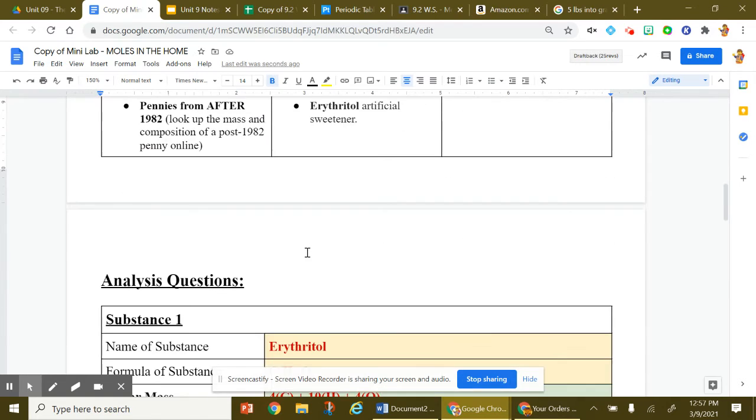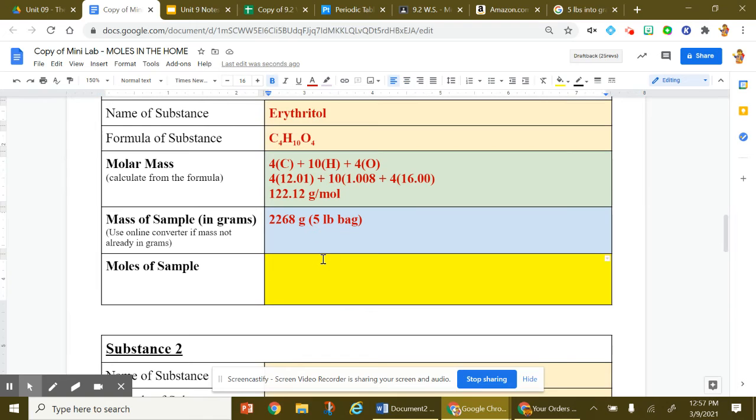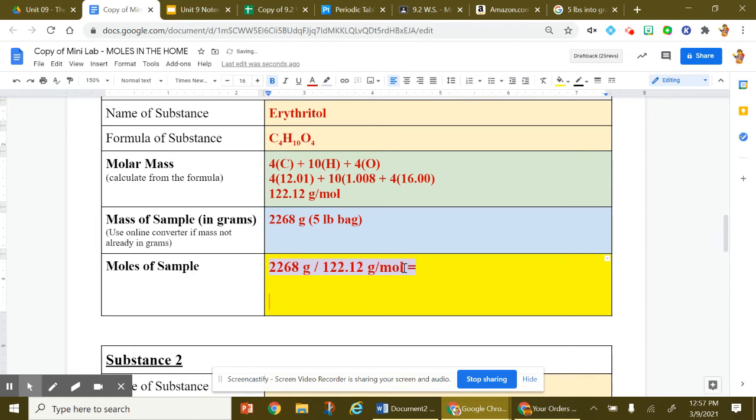So take the mass, which in this case is 2,268 grams. You divide it by the molar mass, which is 122.12 grams per mole, and that gets you how many moles of your sample you have.